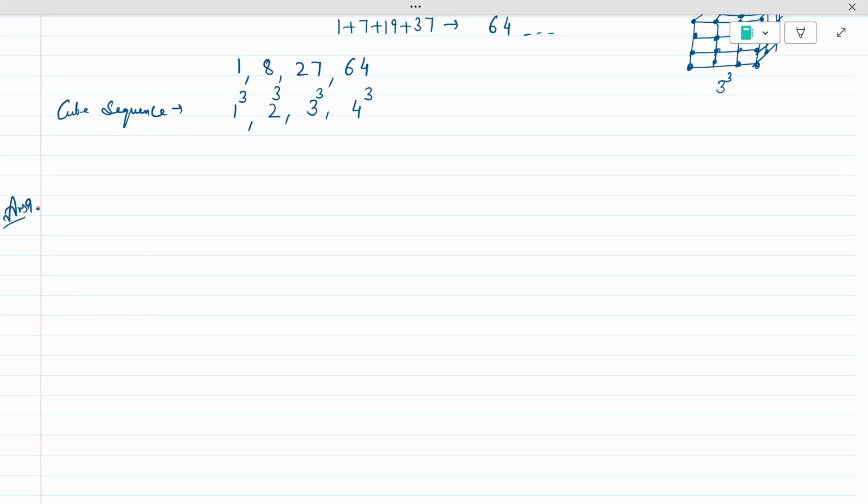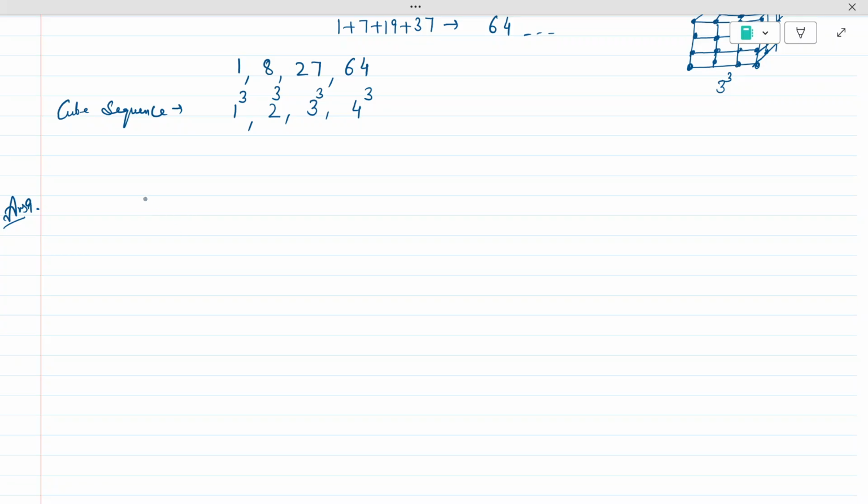We are asked to pick any sequence here, and then we have to see if we can derive any other sequence from this.